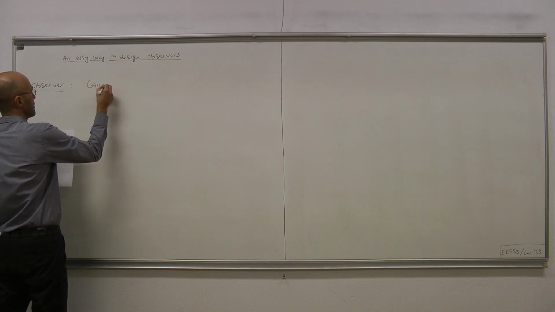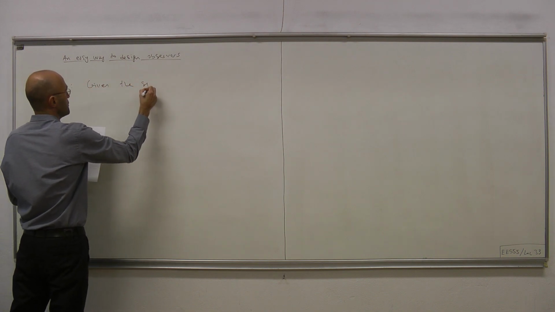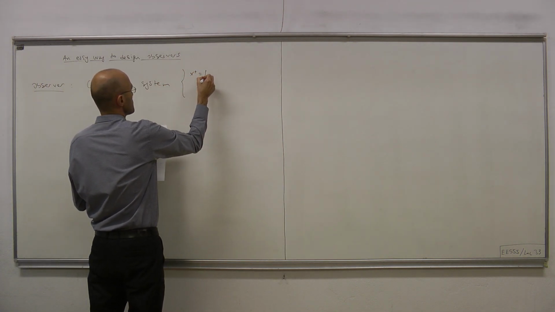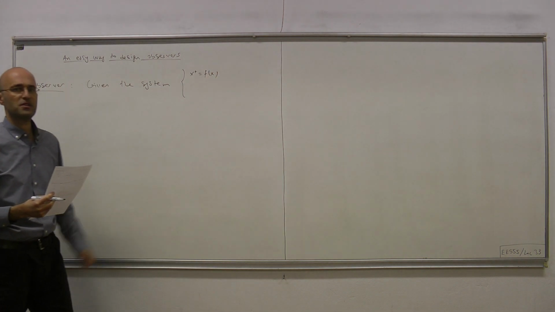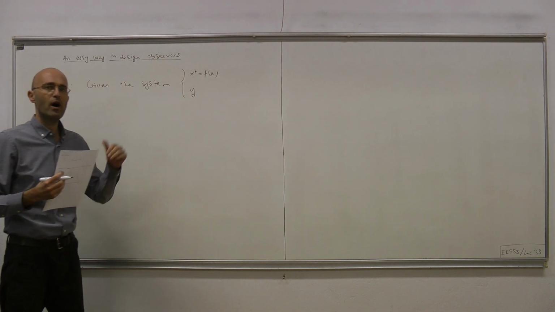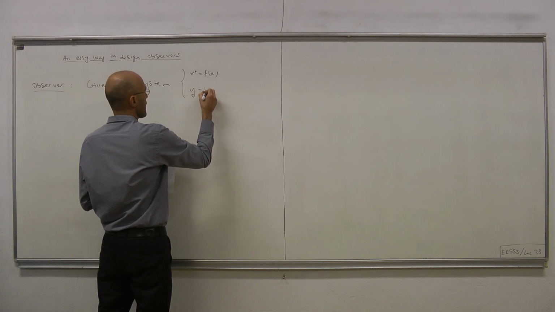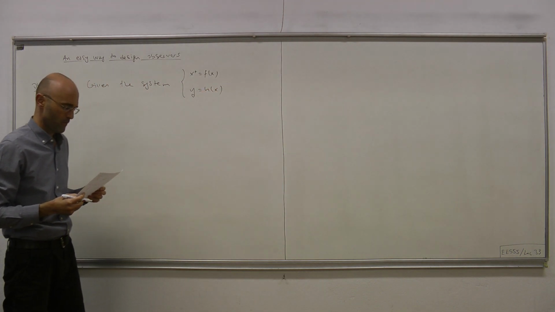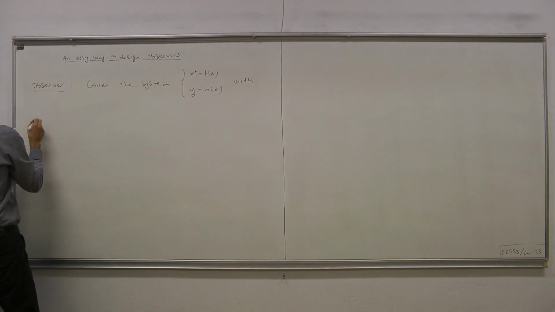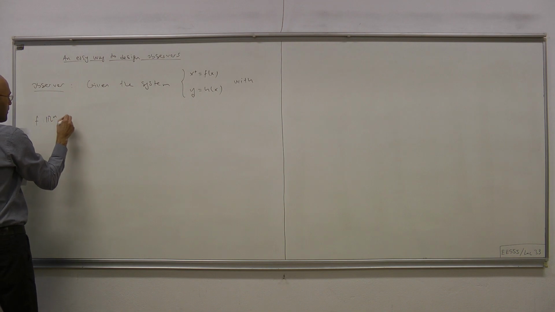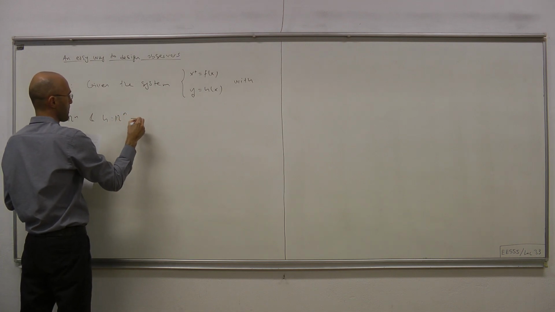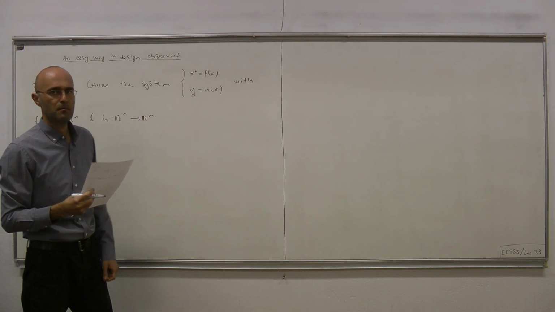So given a discrete time system, x plus equals f of x, and for that system we collect certain measurement which we denote by y, and y, the measurement, the output, is some function of the state, let's say, y equals h of x, with f and h continuous maps.